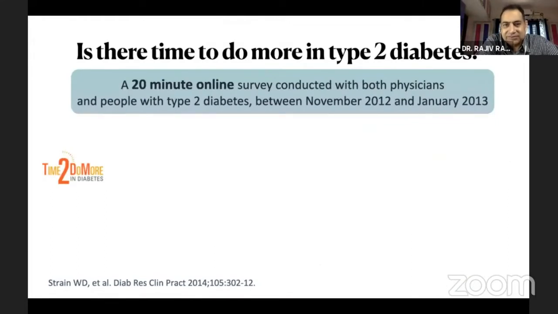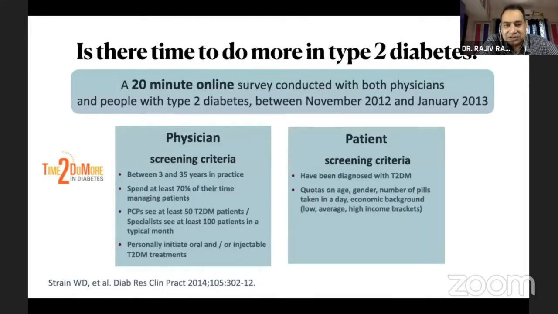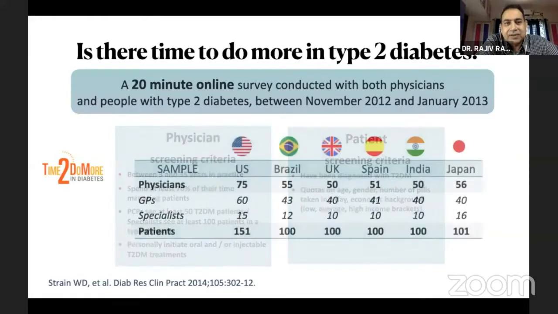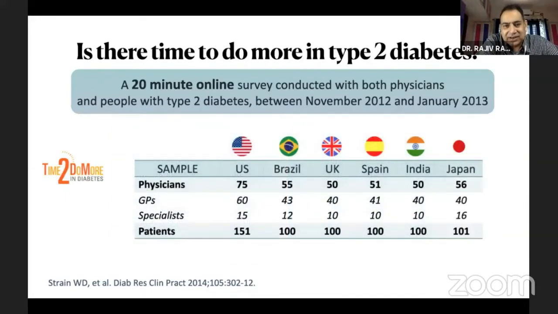It was a survey done for both physicians and patients. Physicians were busy, seeing more than 100 patients a month, and the patients were diagnosed with type 2 diabetes. At the time of diagnosis, they did this study, with a very good sample across many countries, including India.